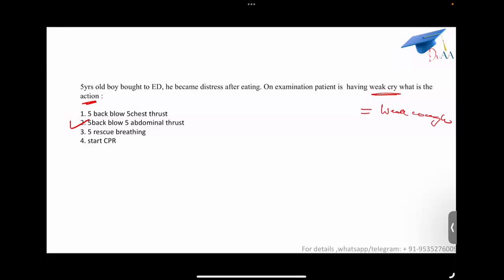According to the algorithm, we go for 5 back blows and 5 abdominal thrusts. We go for 5 back blows and 5 chest thrusts if the age is less than 1 year. If the same kid was unresponsive, then we go for 5 rescue breaths.